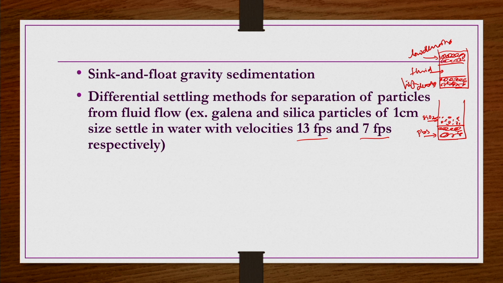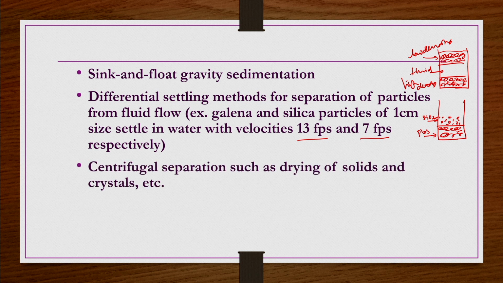Okay. So, now we also have centrifugal separation processes, where in general we try to dry the solids and crystals. We also have cyclone separators in the process industries. The dust-laden particles are taken into a cyclone separator, where these particles are separated and collected as a particle mass, and then clear air is taken out here.